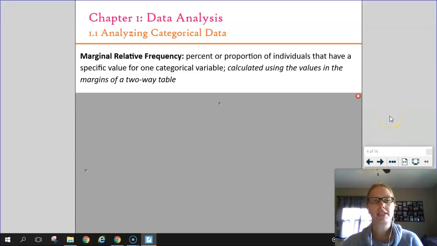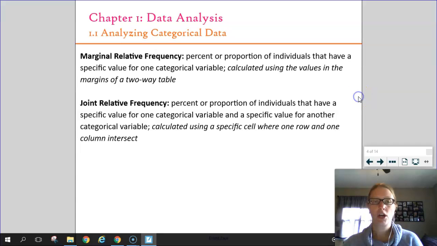When we're looking at a two-way table, we can calculate marginal relative frequencies. These are the percent or proportion of individuals that have a specific value for one of the categorical variables. The reason they're called marginal relative frequency is we calculate them using the margins of a two-way table. We can also calculate another frequency from two-way tables called the joint relative frequency, which is the percent or proportion of individuals that have a specific value for one categorical and one specific value of another categorical variable.